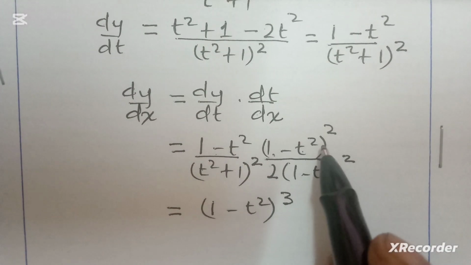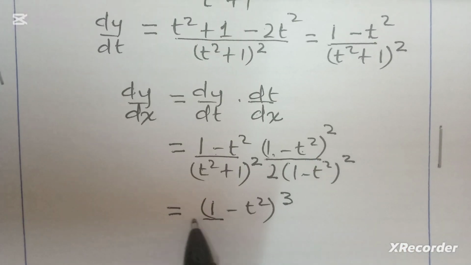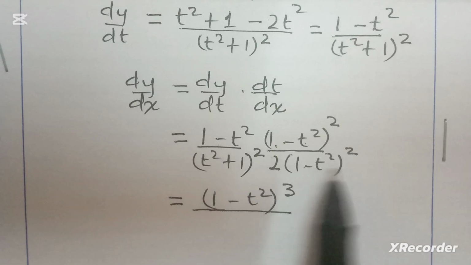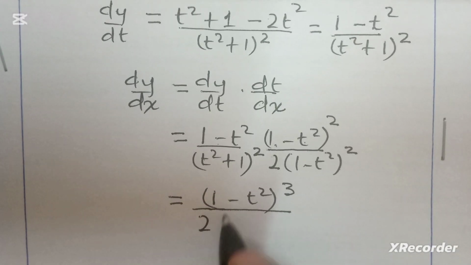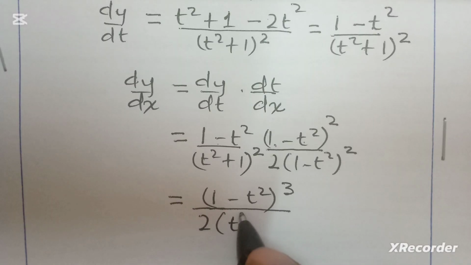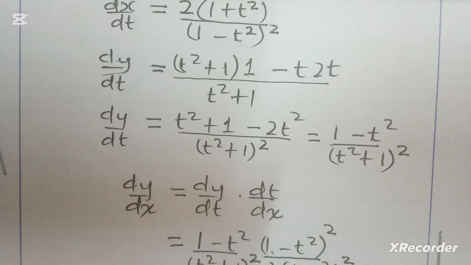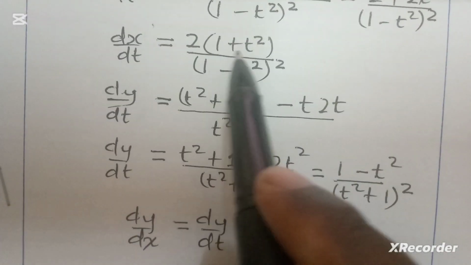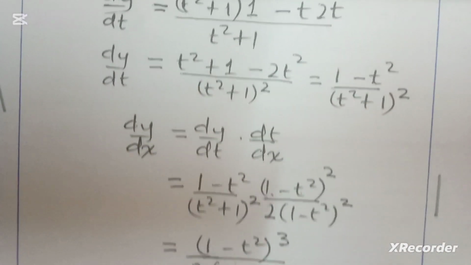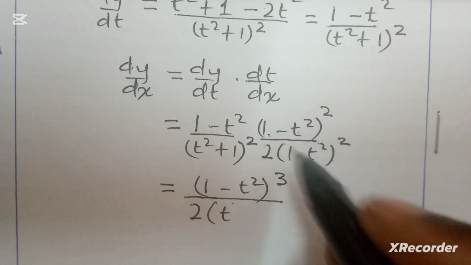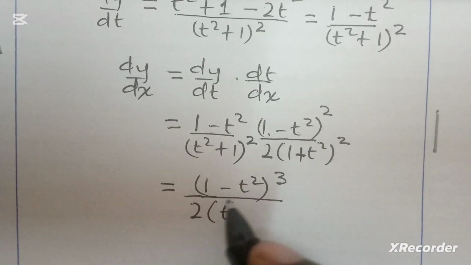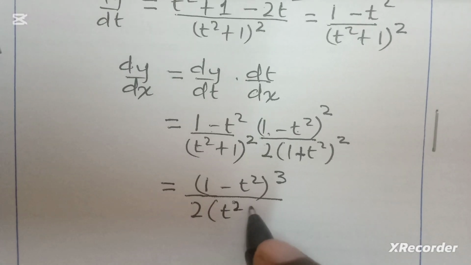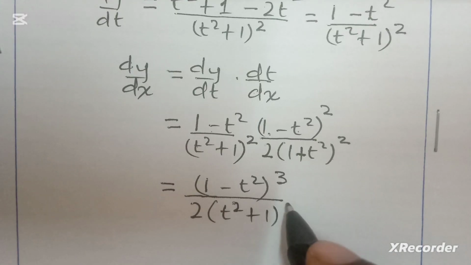This is raised to 1, this is raised to 2, then the result is 1 minus t squared raised to 3. And the third one you have 2, and then t squared. Guys, I made a mistake. This is supposed to be 1 plus t squared. So this one will be t squared plus 1 raised also to 3, like that.